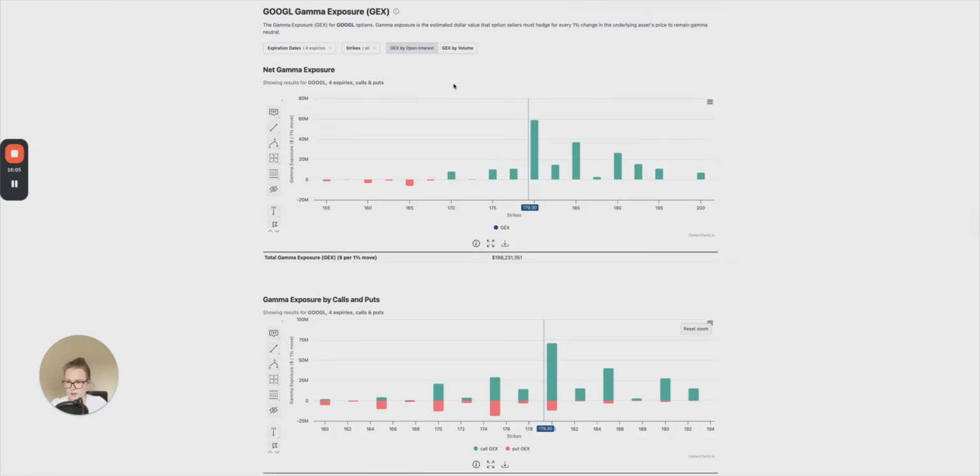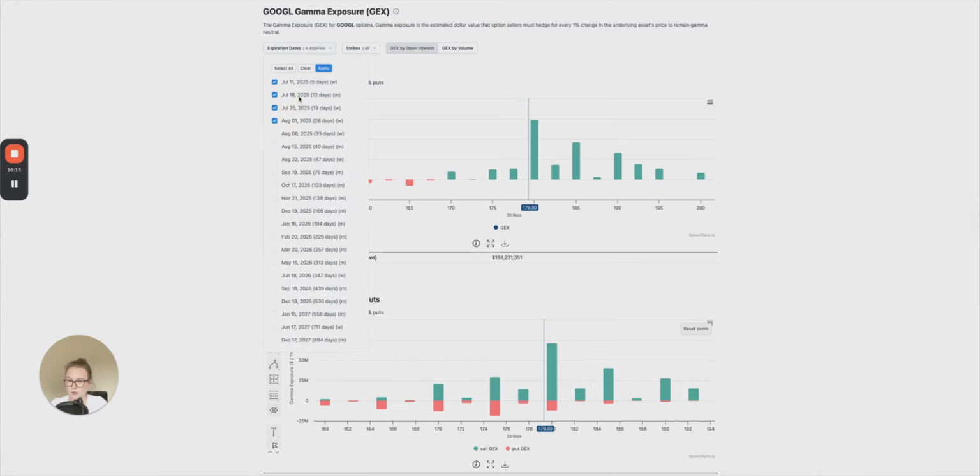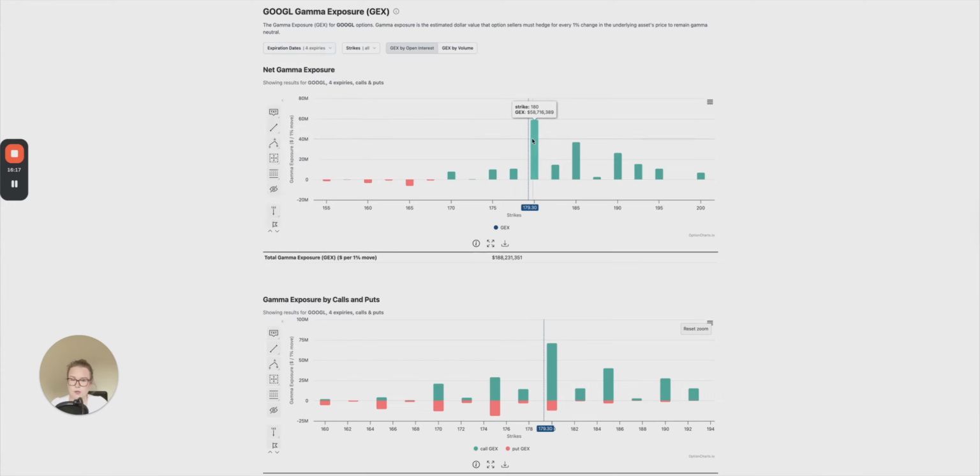Well, you need to check these charts before you enter positions, especially if you're entering swing positions or fairly short-term positions. You want to look over the next few days or the next few expiries. Do we want to enter calls, say for 185, when price is struggling to break 180 because we know there's a big key gamma wall there?